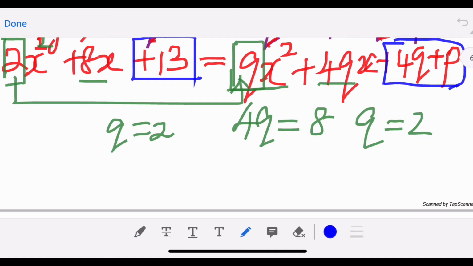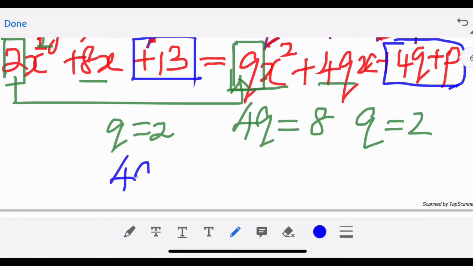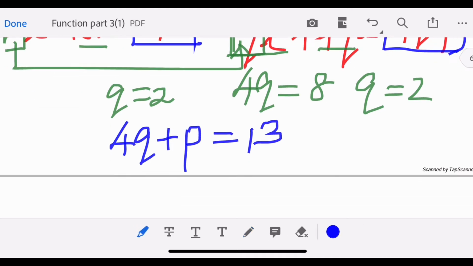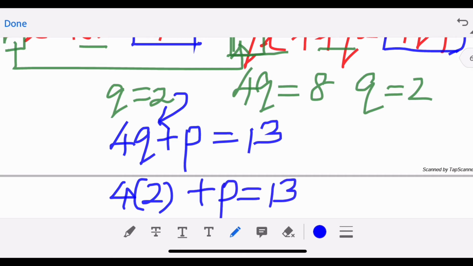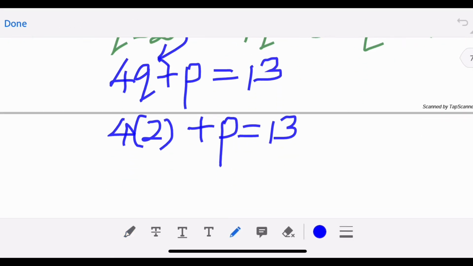If both sides are the same, that means 4q plus p should be equal to 13, right? Because they are both equivalent. So that means you can use back your q, which is 2, and substitute here: 4 times 2 plus p equal to 13. Alright, so p is 13 minus 8.